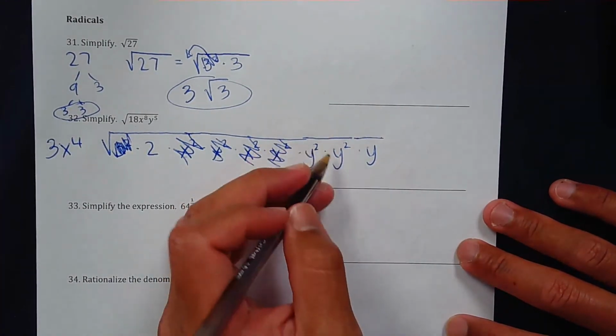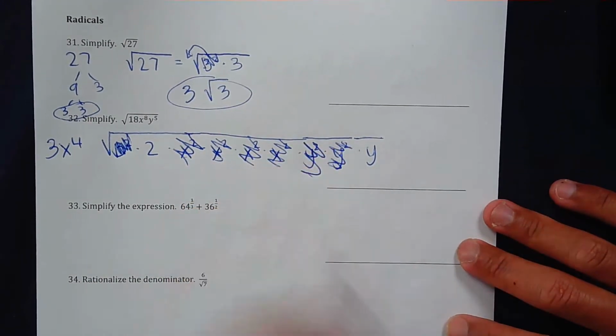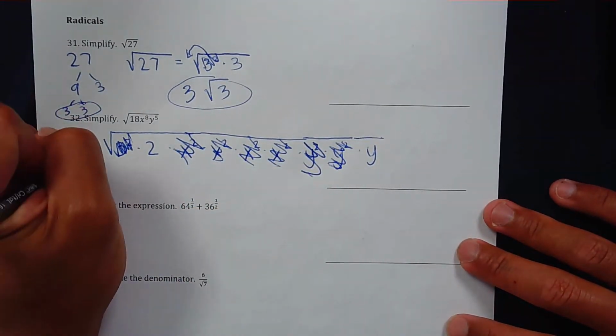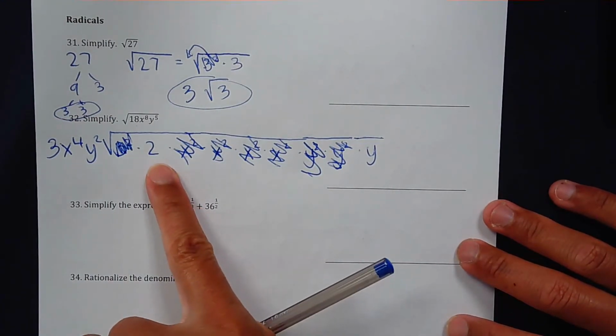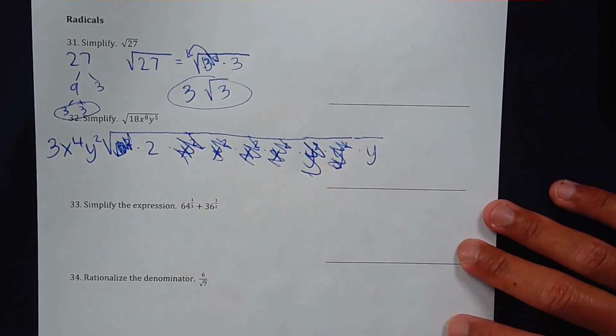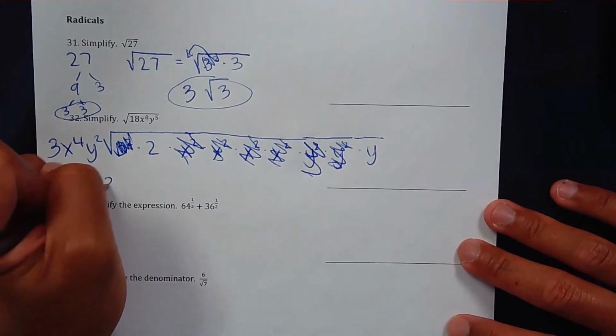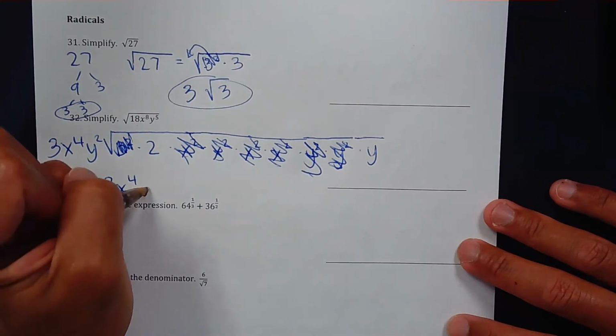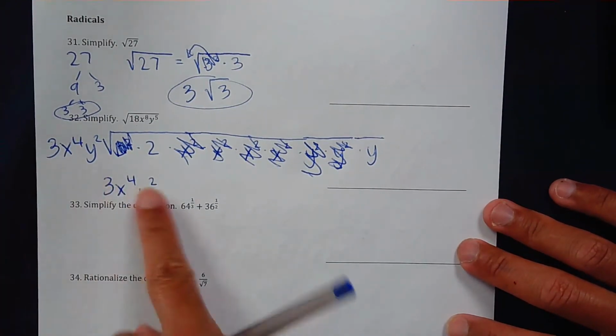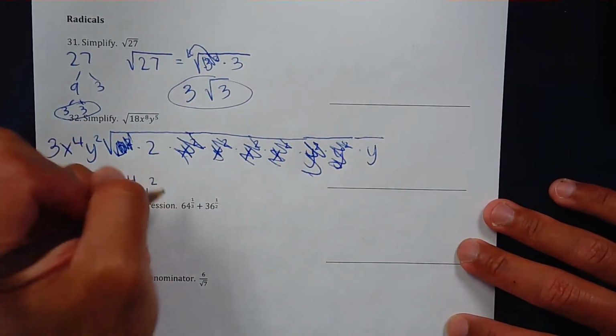And then we can take out 2 y's as well, but not 2 y's, y squared. Right, so very close to our final answer. We're left with just the 2 and the y underneath the radical. So our final answer is 3x to the 4th, y squared, and then we have the square root of 2y.